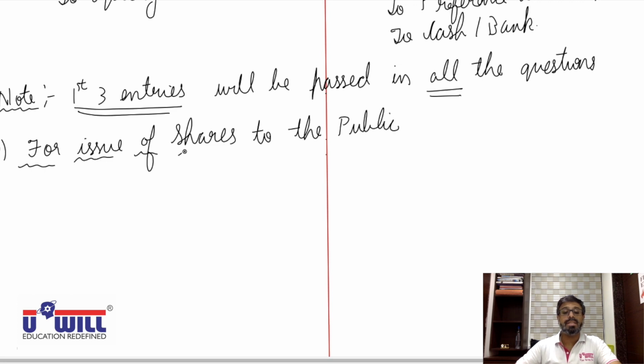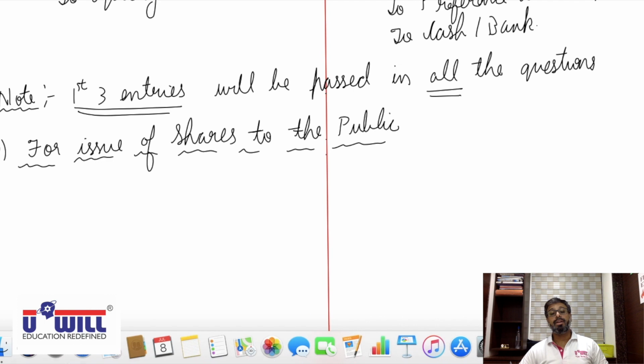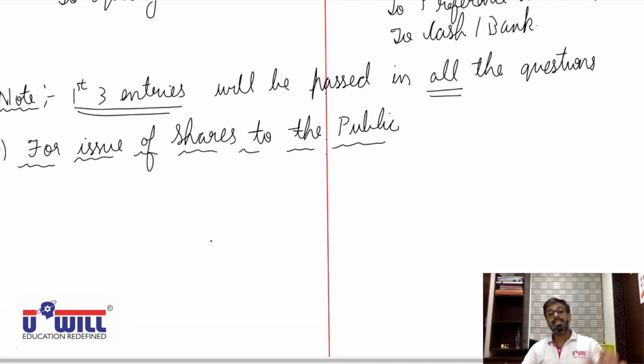See, a new company is formed. There was a condition, even in merger or purchase, that at least 90% of the shareholders of the new company should be the same as the shareholders of the transferor company. So you have the scope of issuing up to 10% shareholding of the new company to the public if you want more money.